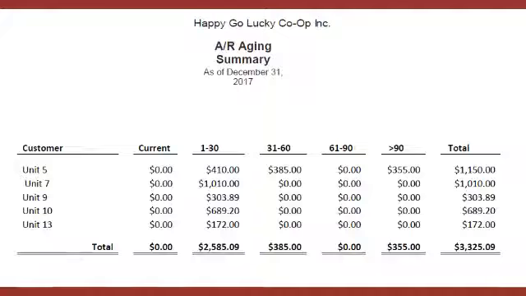Same exact month, same exact co-op. All we did was take out all the negatives, right? So that's going to give us a really clear picture of how much money is owed to us. You can see, especially this 1 to 30 column, that's days old, right? 1 to 30 days old is going to basically tell us who didn't pay us in the month of December and how much they owe us.